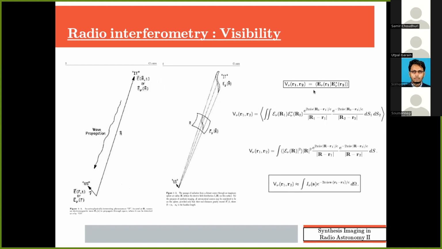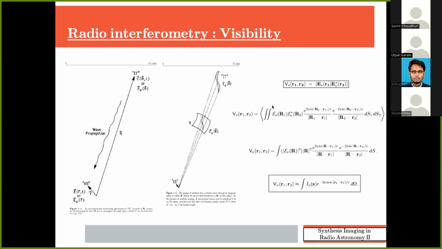Now, given some assumptions, we can show that this visibility is basically this electric field on the sky at different locations, and this is the propagator, which denotes how the wave will propagate to us through the intergalactic medium, and this integral is over the entire field of view of observation, right?